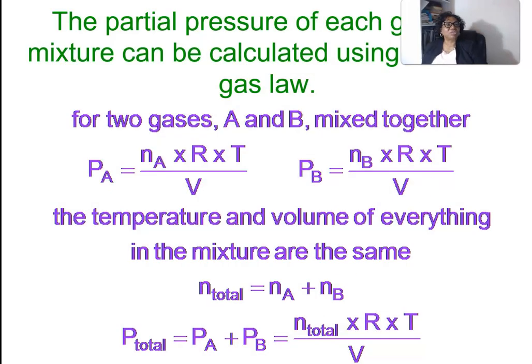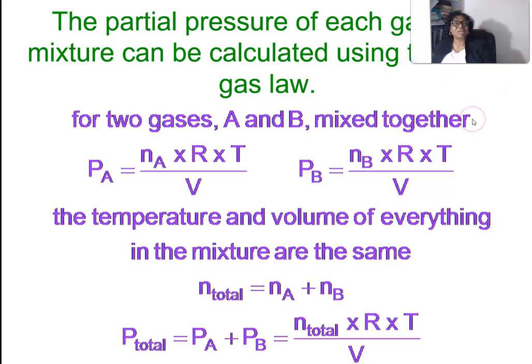So partial pressure of gases in a mixture can be calculated using the ideal gas law. For two gases, A and B, mixed together, the partial pressure of gas A is Na times R times T over V. The volume is the same, since the two gases are in the same container.